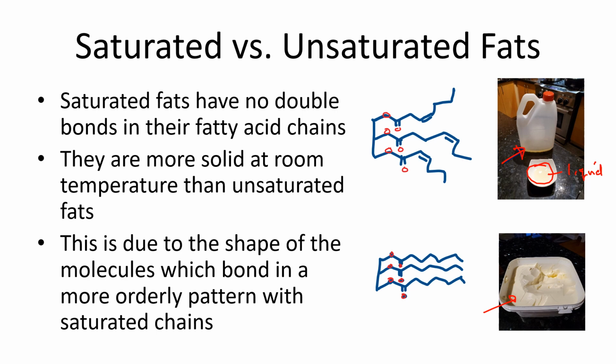So if you recall from earlier, saturated means no double or triple bonds. That means it has the maximum number of hydrogens. So this guy here is saturated, and so it'll have a higher melting and boiling point. And this one here is unsaturated because of the double bonds, right?